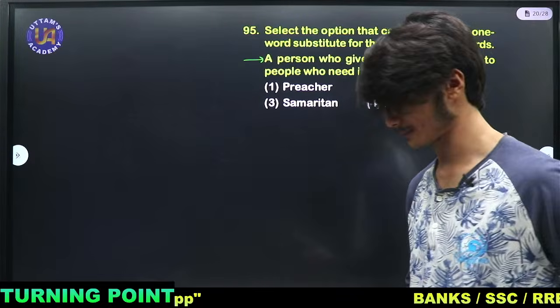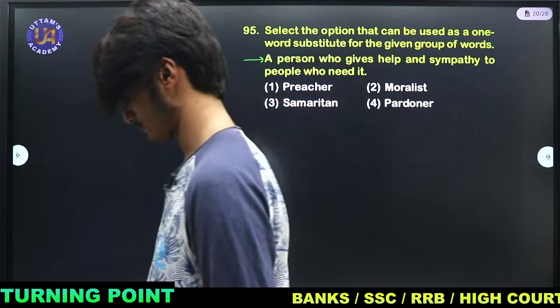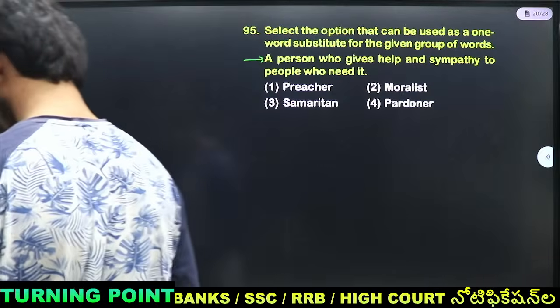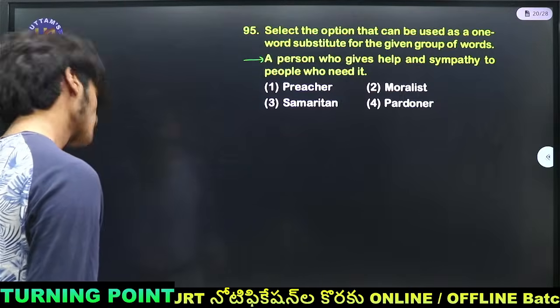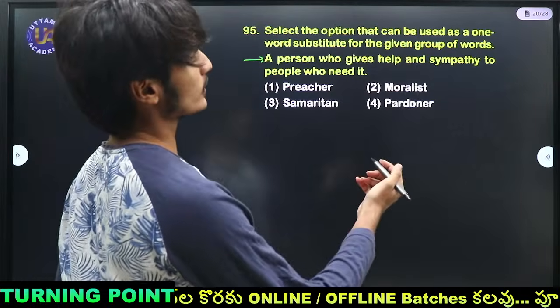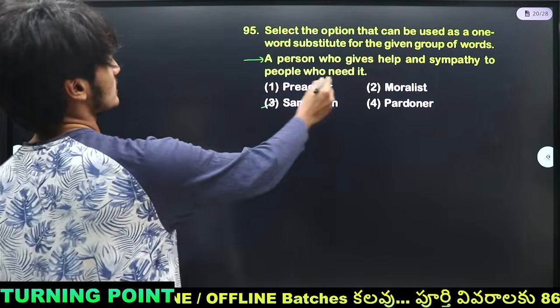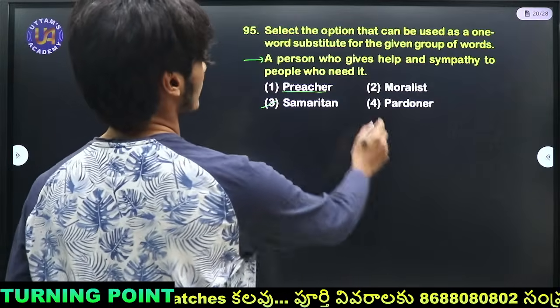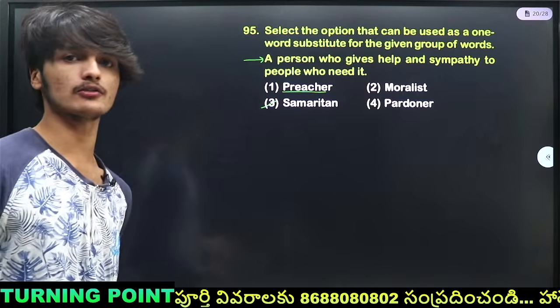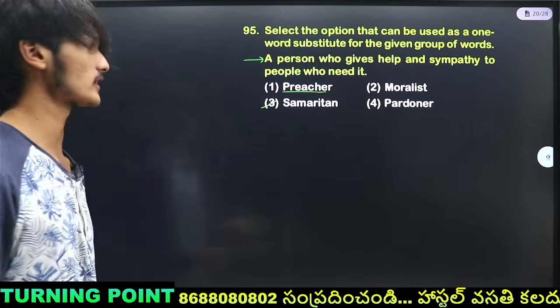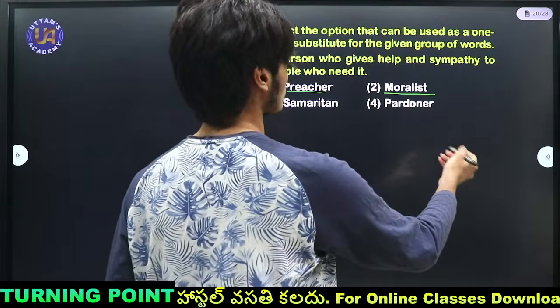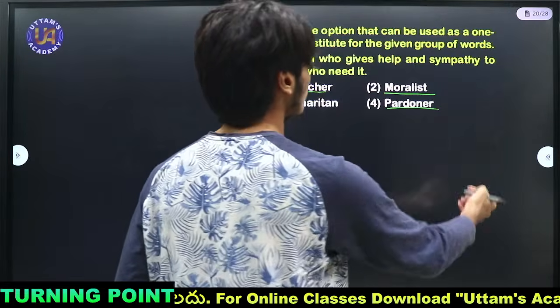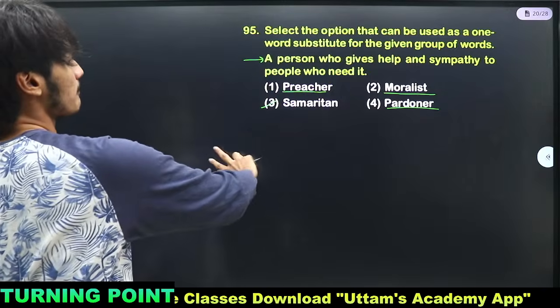Hassan Basha, Ram Nikita say Samaritan. So a person who is ready to help every time is called a Samaritan. A preacher is a person who generally gives religious talks. A moralist is a person who gives moral values. A pardoner is a person who forgives.